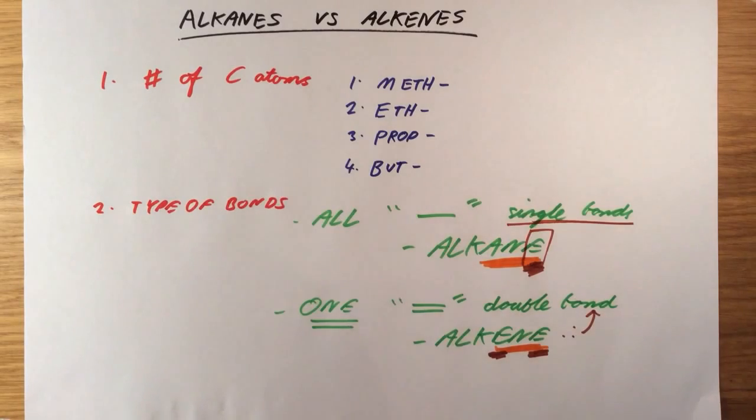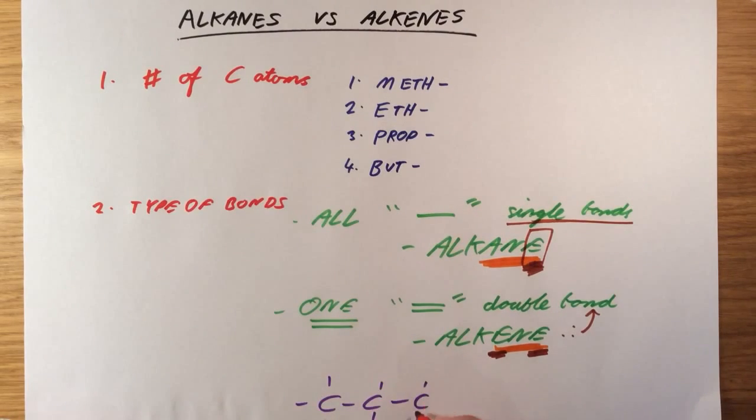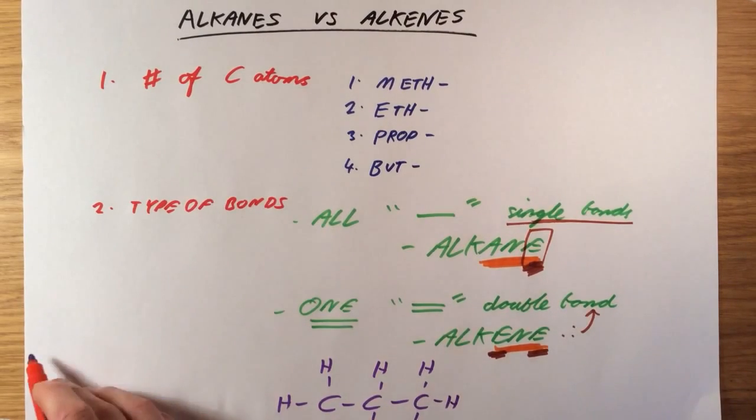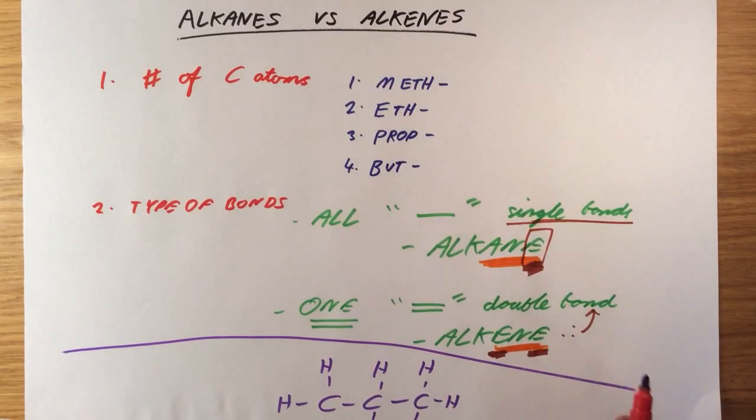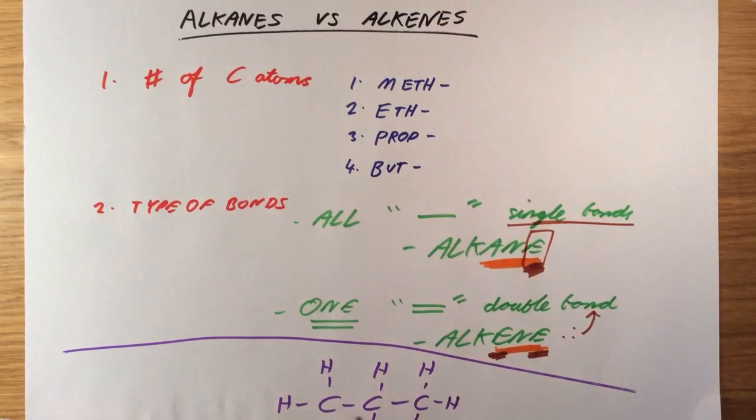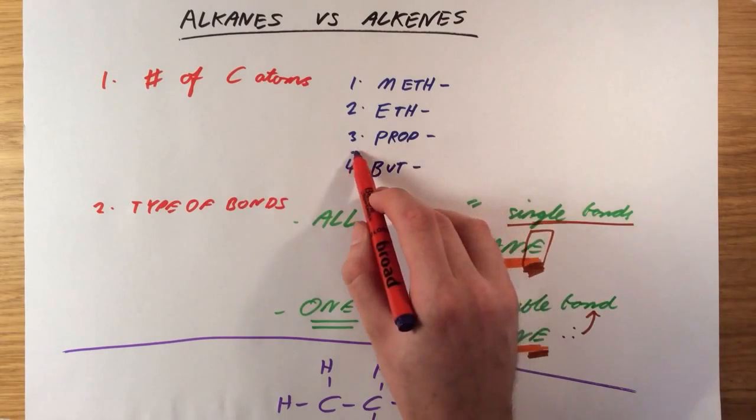Let's draw this one out first. So in this compound here, I've got 1, 2, 3 carbon atoms that are joined, therefore it's going to be prop.